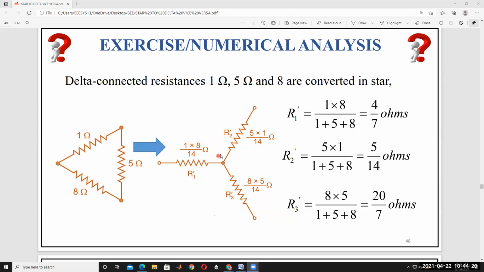So that will come 8 by 14, that is 4 by 7. Similarly here also, what is the resistance here? 1 into 5 divided by 1 plus 5 plus 8. And here 5 into 8 divided by 1 plus 5 plus 8. So like this, you will get the answers. Understood?